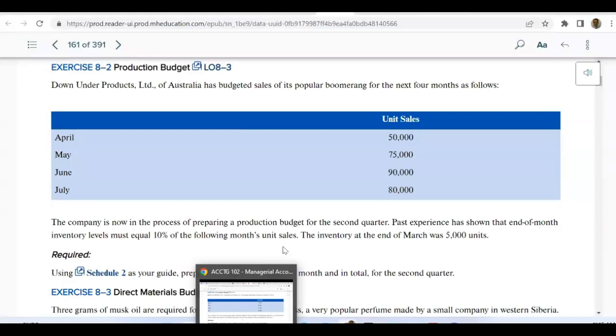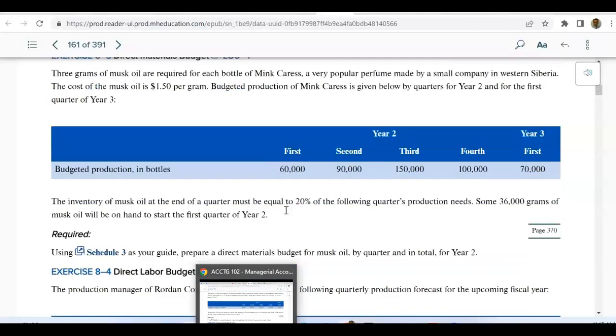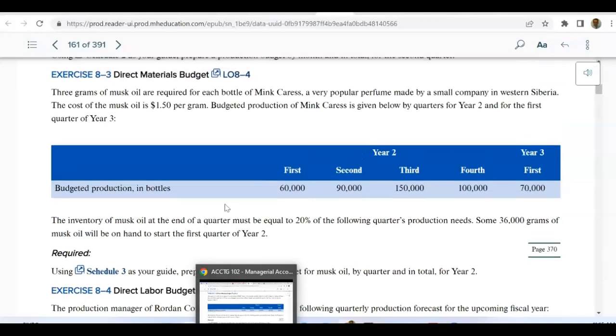Very good. Let's do one more problem. How about direct material budget? Okay, 3 grams of musk oil are required for each bottle of Mink Keres, a very popular perfume.